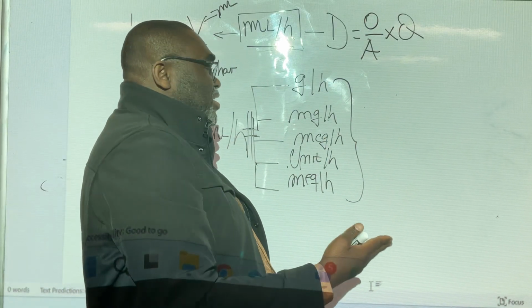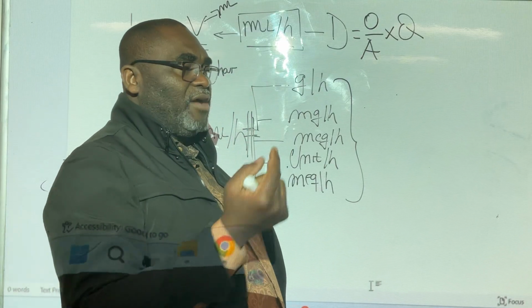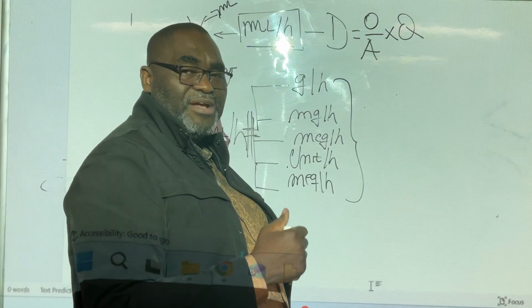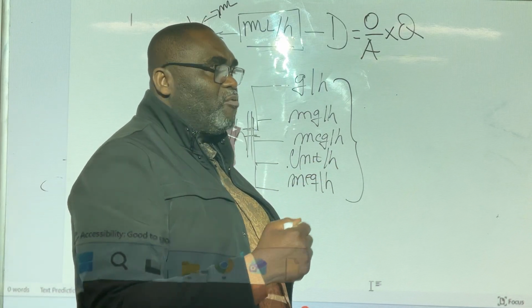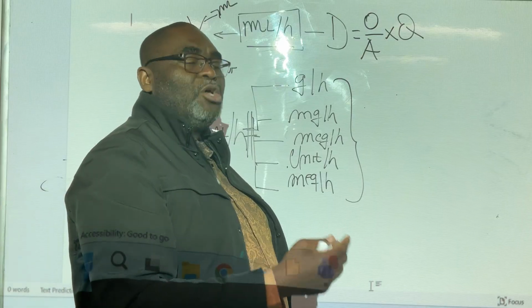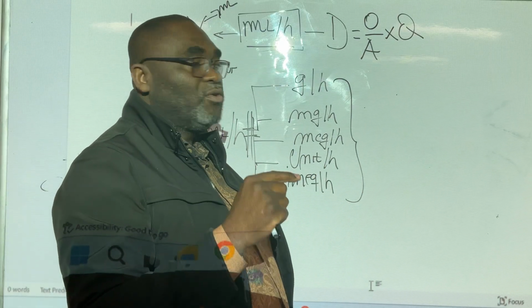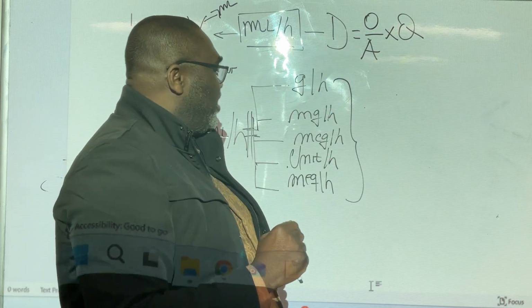Same thing, if you have a liquid medicine that you have to give by mouth, and the doctor prescribes 500 milligram, because that medication is a liquid, you cannot give 500 milligram. You have to give that liquid. But whatever liquid we give is going to be equivalent to that 500 milligram.